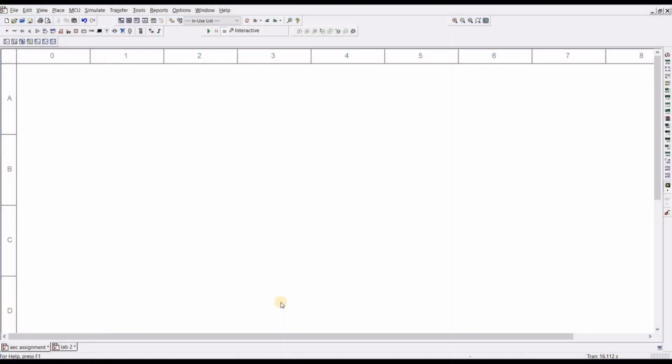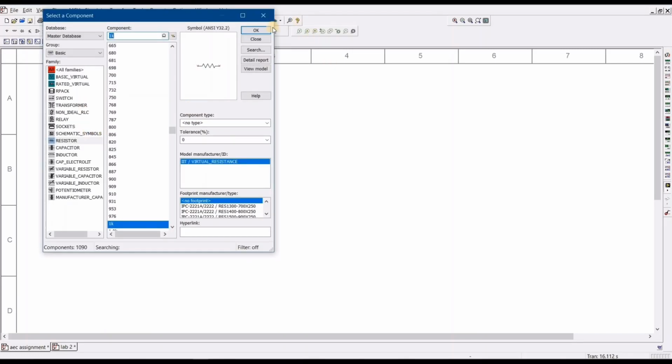Hello everyone, today I will teach you guys the RLC simulation circuit in Multisim. Okay, first we construct the circuit. Today I would like to do it in series.